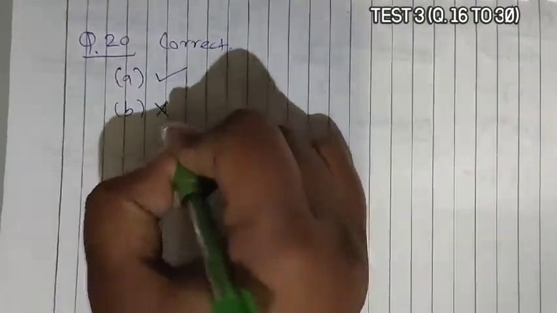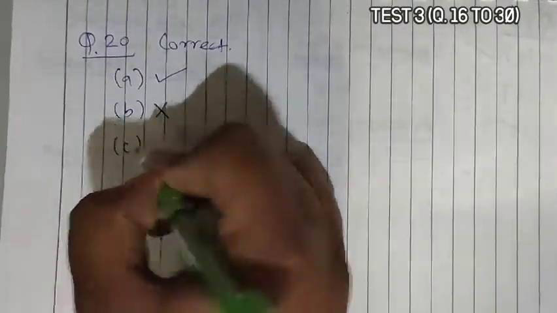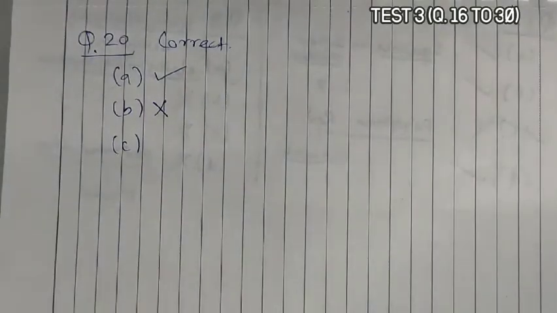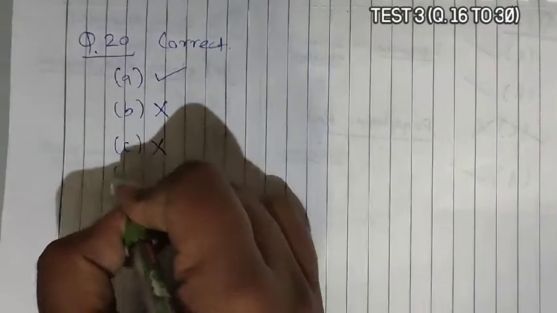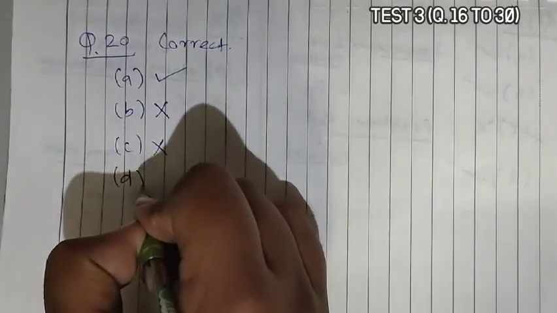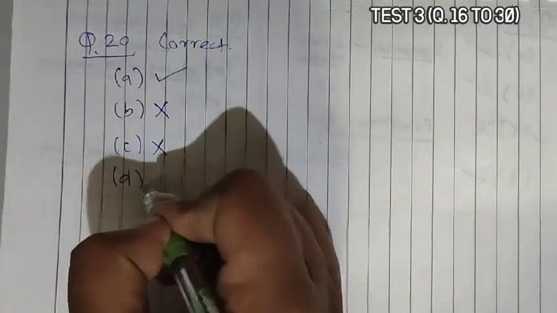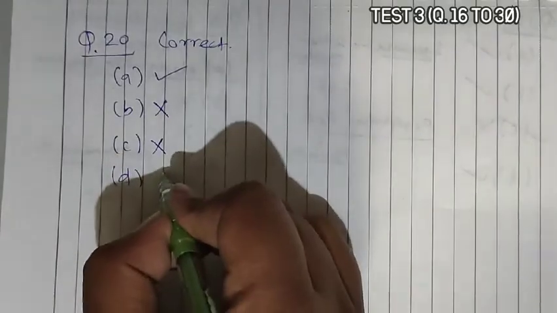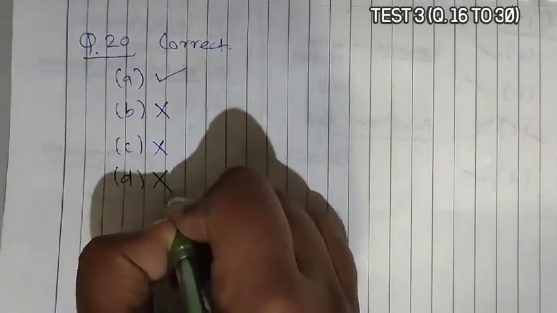Mollusks are actually schizocoelomate, so it is incorrect. Option C is insects are pseudocoelomate. No, insects are schizocoelomate, so it is also incorrect. And option D, flatworms, platyhelminths are coelomate. They are not coelomate, they are acoelomate, so this is also an incorrect statement. So the correct answer is option A.